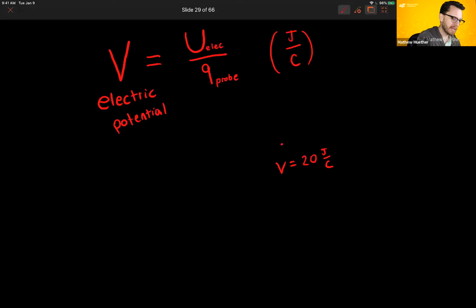The electric potential is a property of some region in space that I can place particles. And it's generated by some source charges setting up an electric field, and we'll try to tie together that exact relationship in the next chapter. But just like the electric field was a property that gets established in the space around some source charges, electric potential is some property of the space that gets established around the source particles.